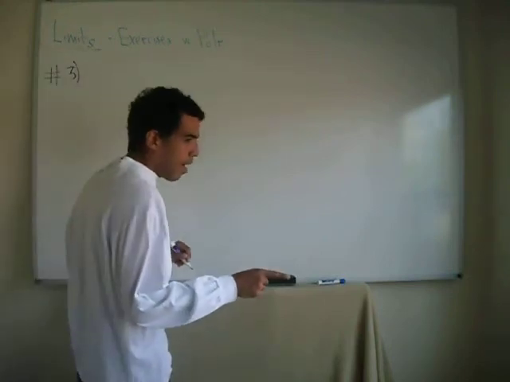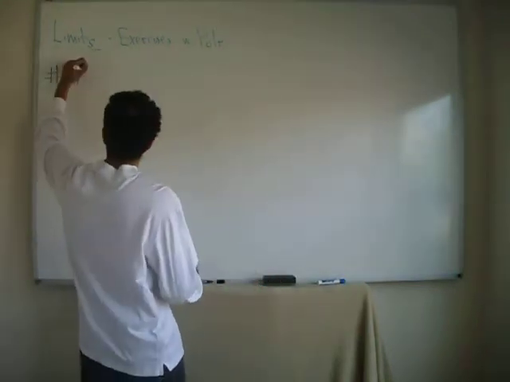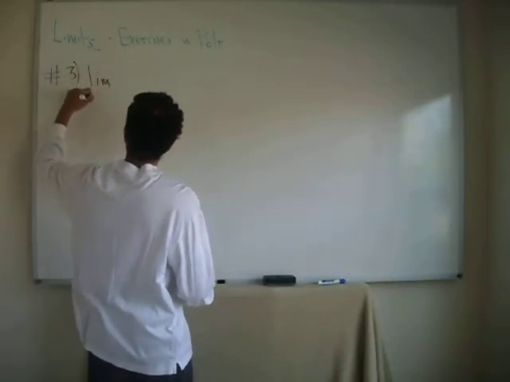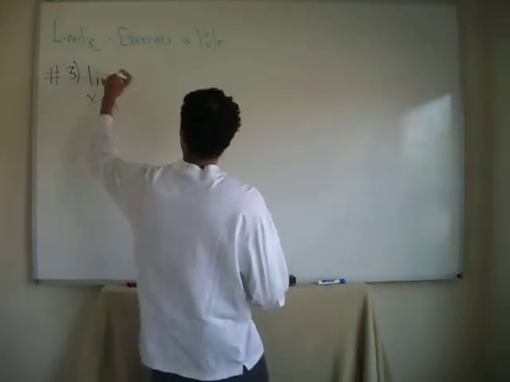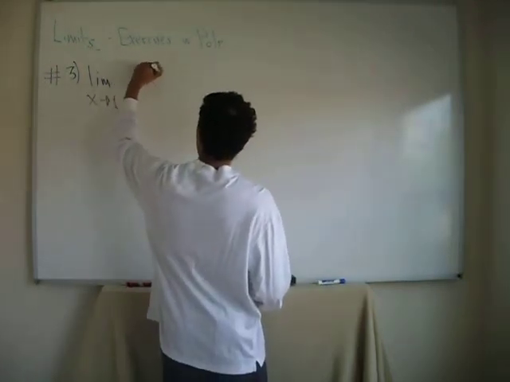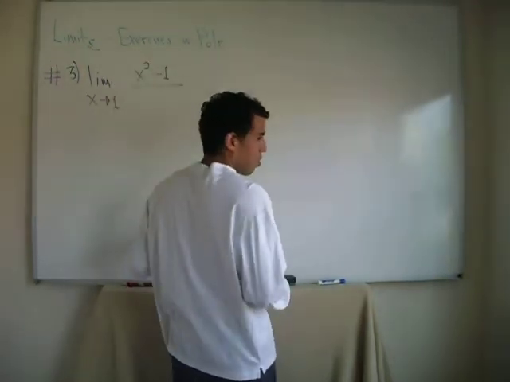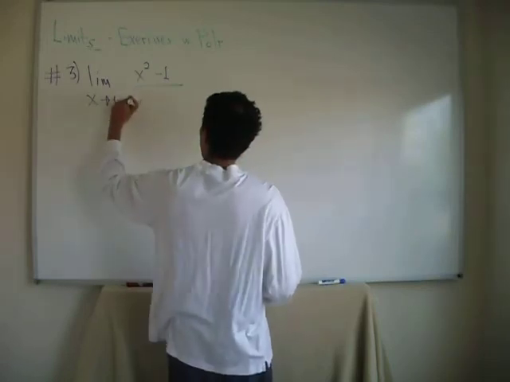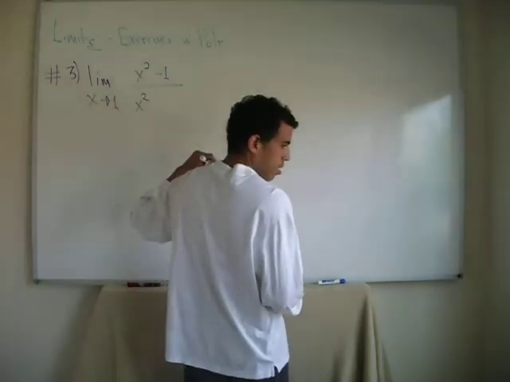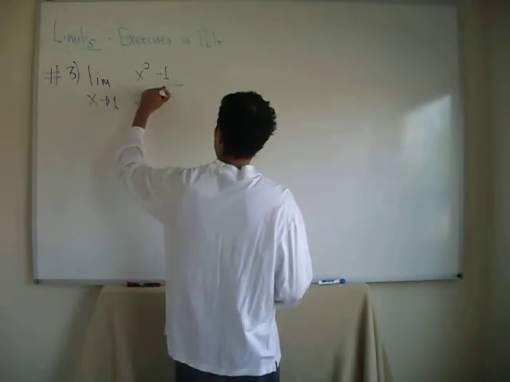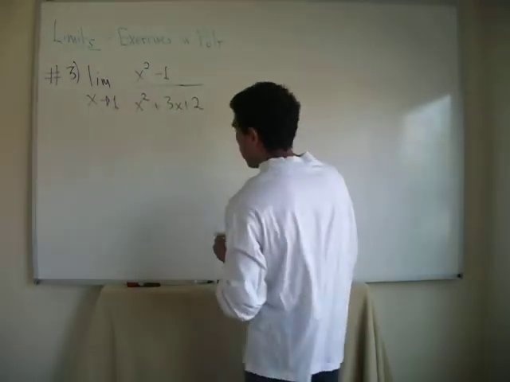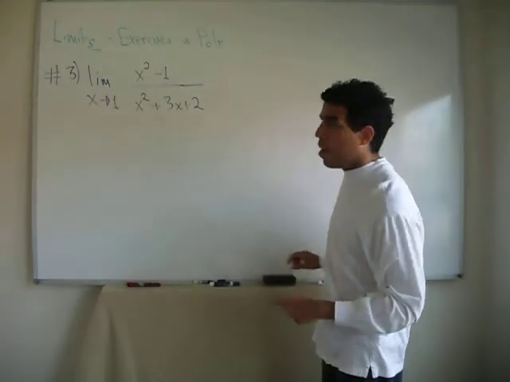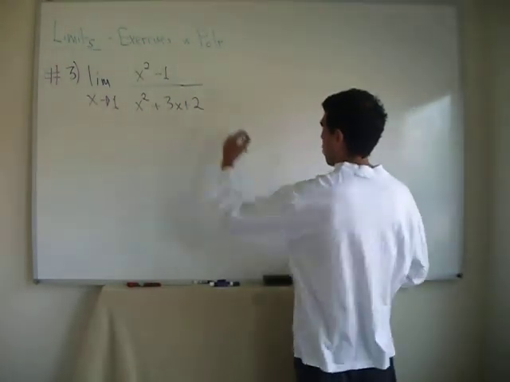From my book, I have the limit of x tending to 1, and the function is x squared minus 1 over x squared plus 3x plus 2. Oh, this looks a lot like the past example, so I'm already seeing the simplification.